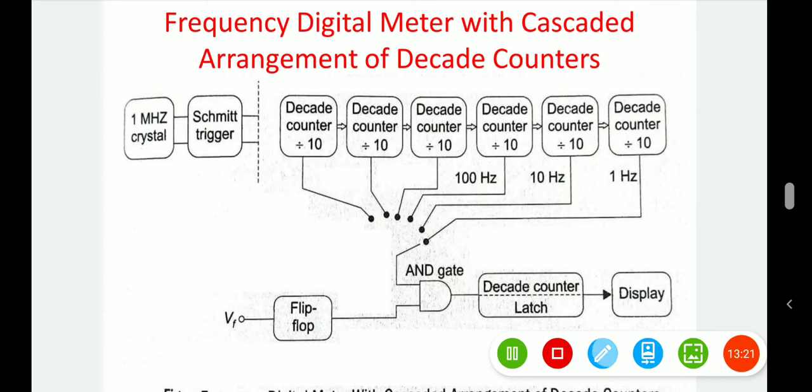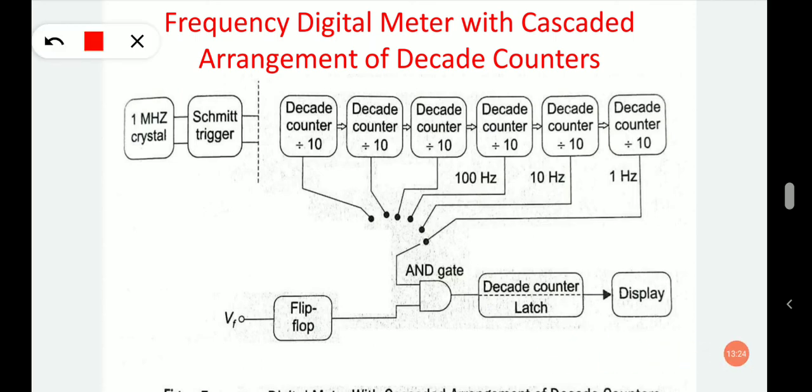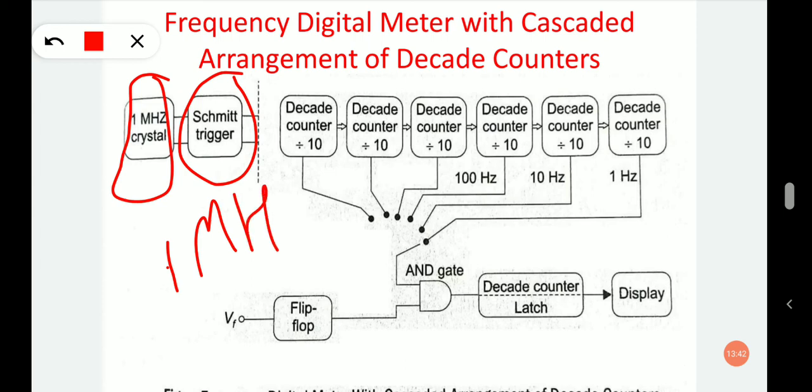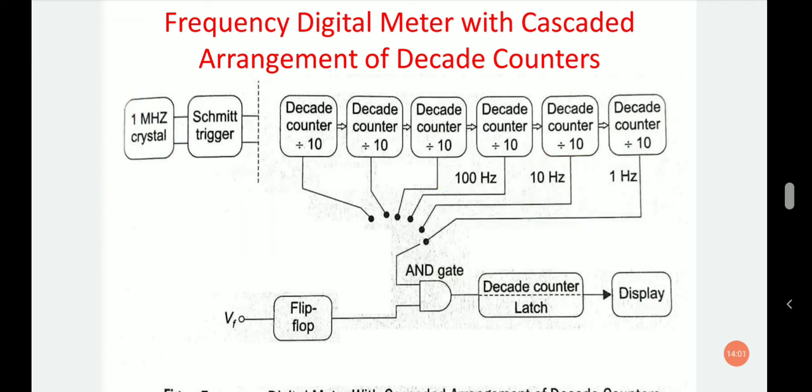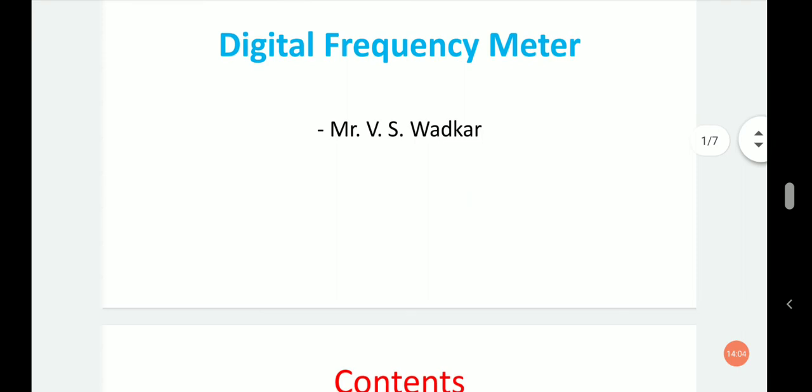In this figure, a Schmitt trigger is used as an amplifier or an attenuator, and 1 megahertz frequency is converted to 1 hertz, 10 hertz, 100 hertz, getting pulses by decade counters in a cascade arrangement. So this is about the digital frequency meter.